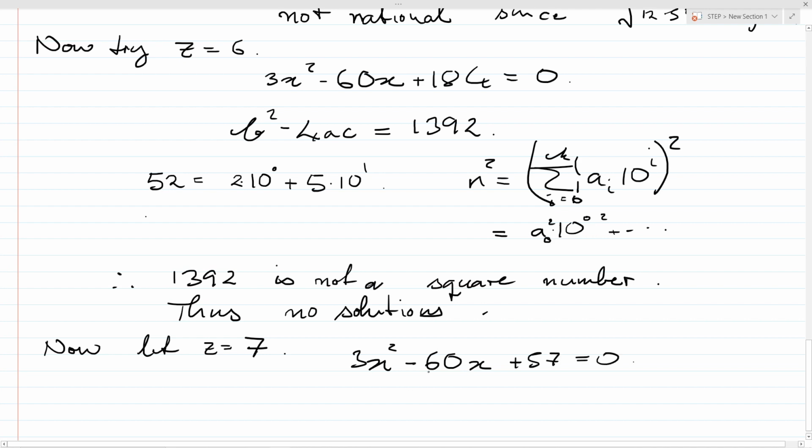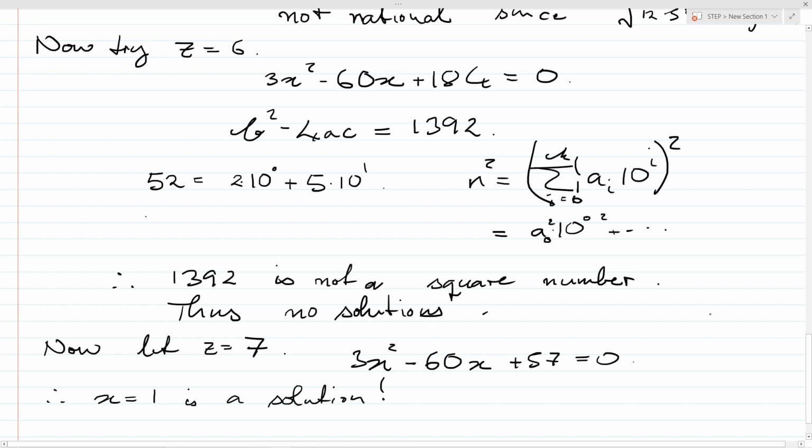And now we can see that this is obviously going to have a solution. Why? Immediately, before trying to do anything with the discriminant, just try and look at it. You can see that 3 times 1 added to 57 will give you 60, and then if you subtract the 60, you'll get 0. So therefore, x equals 1 is a solution.